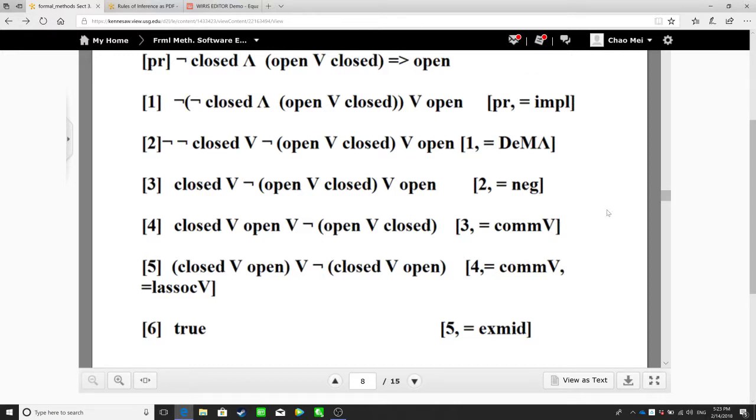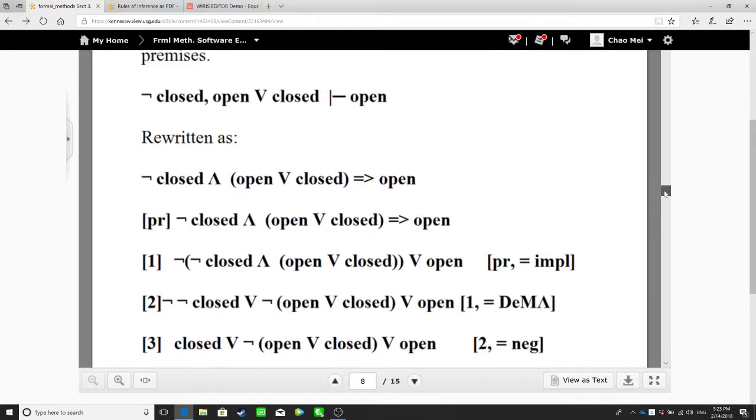Okay, let me repeat it again. This is the thing you want to prove. On the left side are the premises. Premises are something we already know is true. And we want to prove the open is true. Negation closed is true, it's one of the premises.